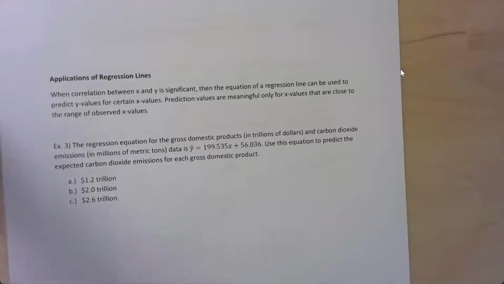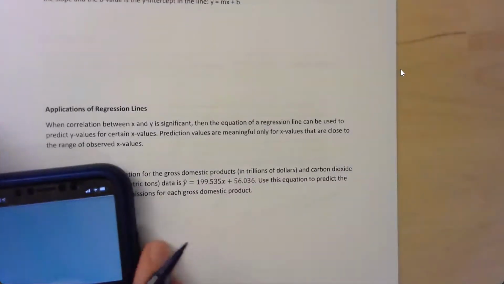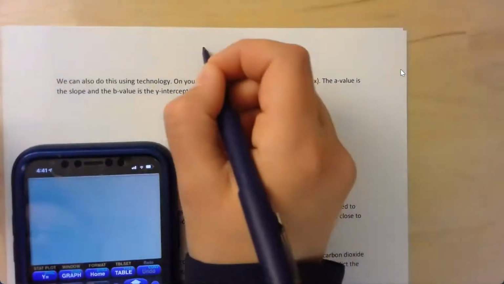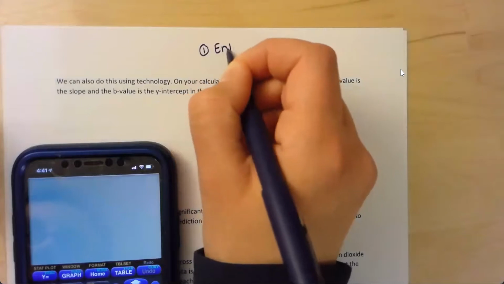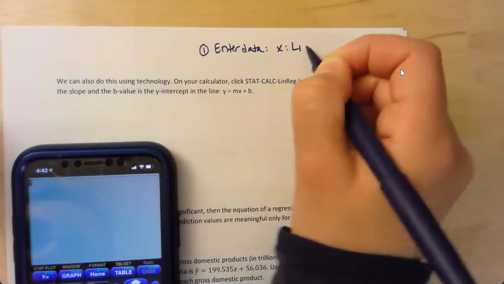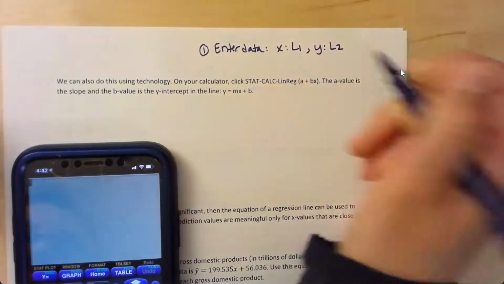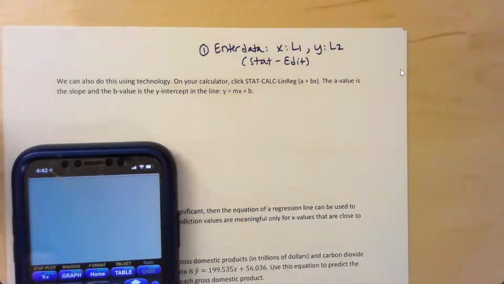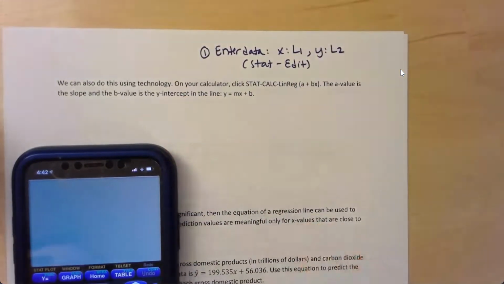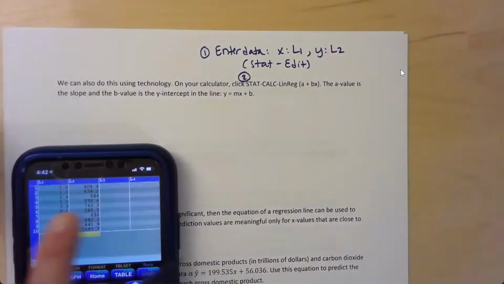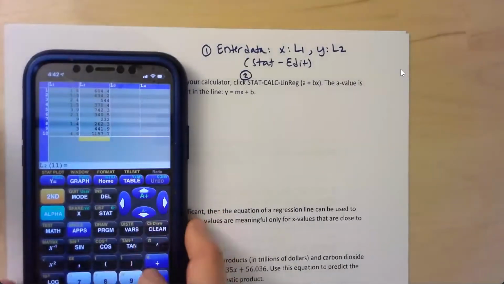Now again, let's scroll down a little bit here. Don't forget that first you do have to enter your data, your x values in L1 and your y values in L2. So you have to press stat and edit there first and actually enter all your data. Now I already have it entered because we've been doing the same example for a while now. So you can see here, if I hit my stat button and my edit, I do have my 2 columns already ready to go there.